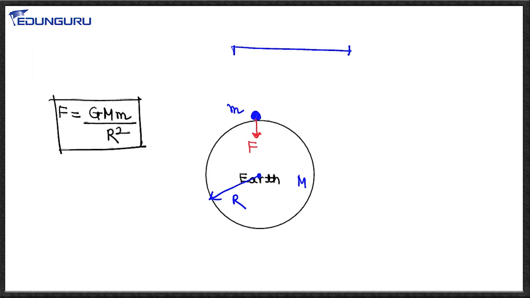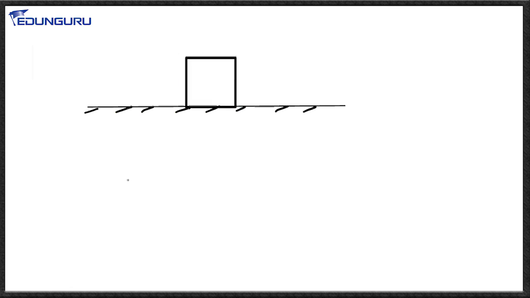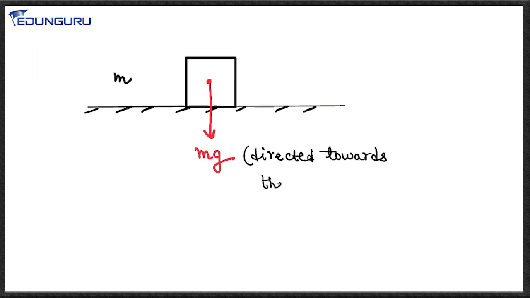So please remember, whenever an object is kept on the surface of the earth, suppose an object is kept on the ground, and this is a block which is kept on it, right? The mass of the block is m, then this block will experience a force mg, and this is directed towards the center of the earth.